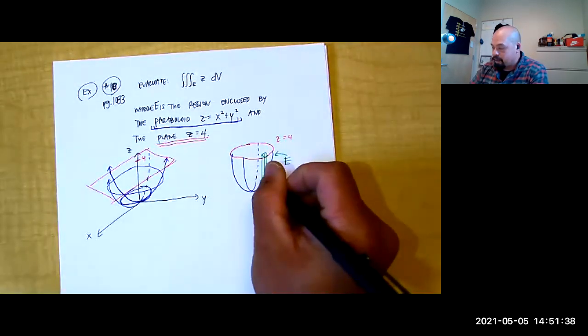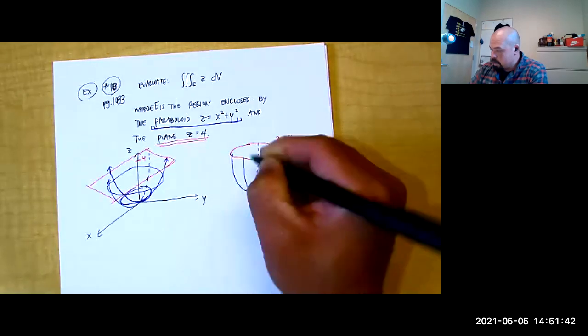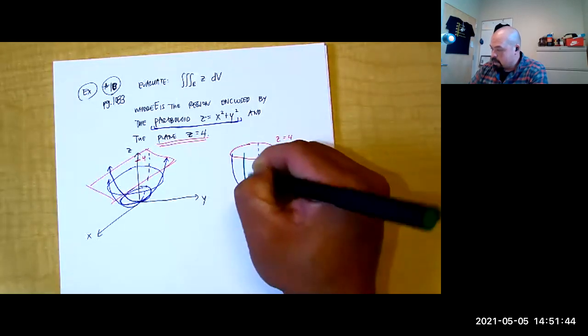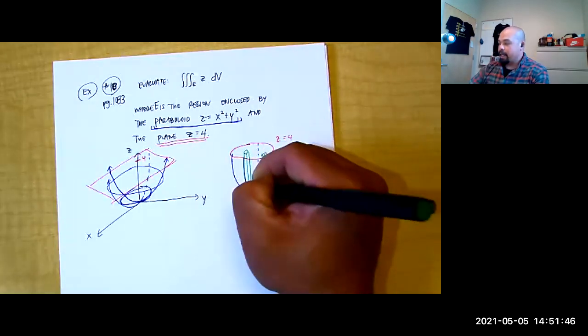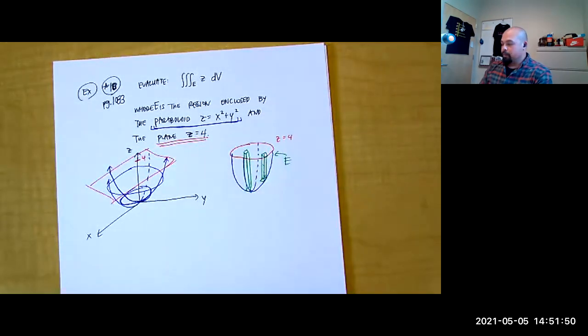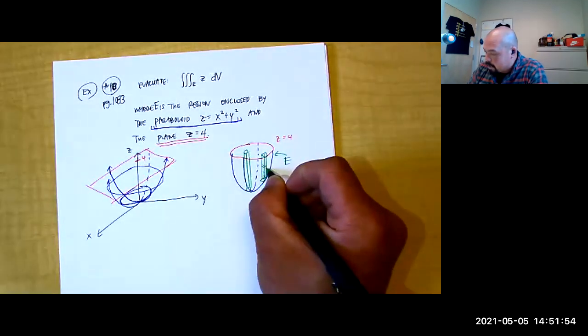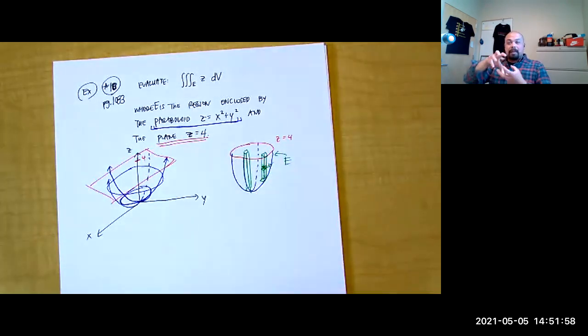That's going to be one of my columns. We can shift that anywhere in the space, and somewhere else is going to be a little bit lower. But we're going to get that kind of volume. And then incrementally inside of that, we're going to get our little blocks. There's our little dV. So thinking about filling with the columns and chopping those up, that's what we're going to be integrating throughout.